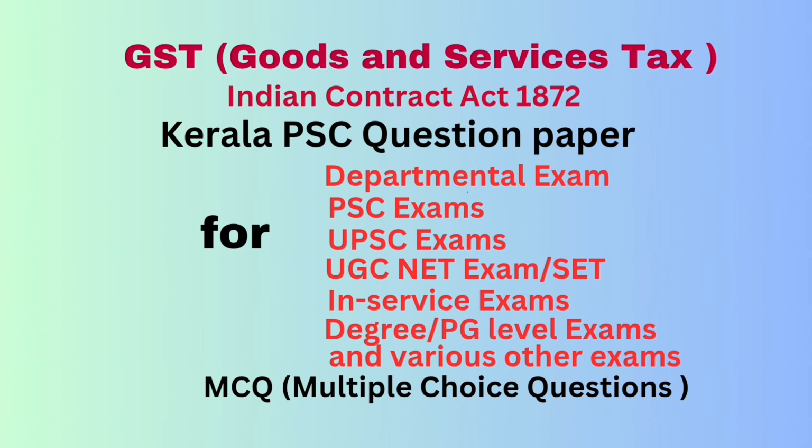Option A only, option B only, option C only, option D either A or B or C. Correct answer: option D, either A or B or C. Question number 87. Termination of the authority of an agent causes the termination of the authority of all dash appointed by him. Answer: sub-agents.